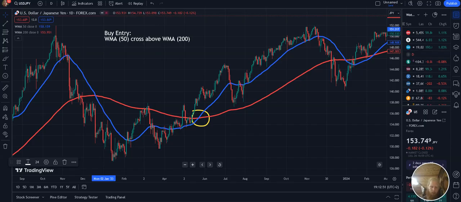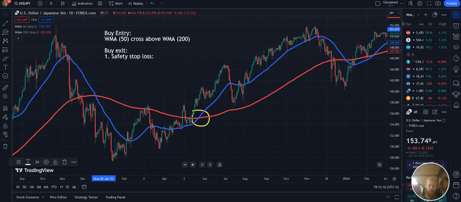Where do we close the trade? We have a couple conditions. First of all, the first condition is that we have a safety stop loss. It is very important to use a safety stop loss at all times, because without this, the strategy is not working properly.